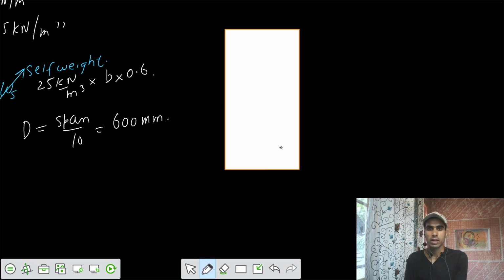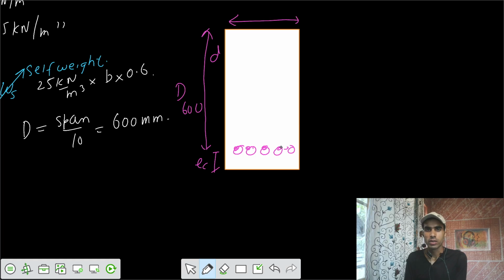If I assume that capital D is 600 and there will be some steel here and some effective cover EC, such that my small d is somewhere here, and I have some small b also. I have given you the ratio d by b equals 2, and I need the value of b. That means b should be d by 2. So I actually need the value of small d.